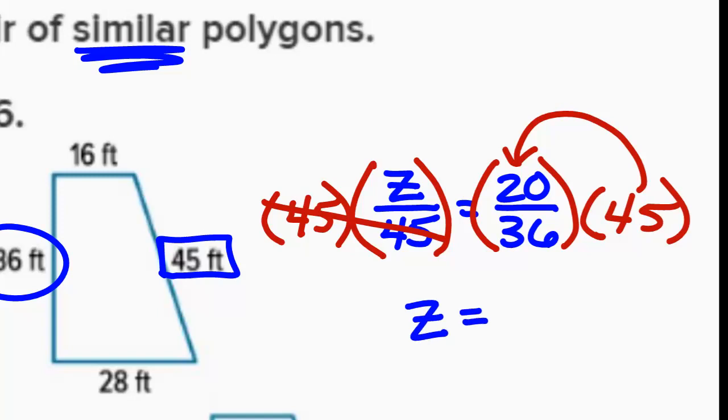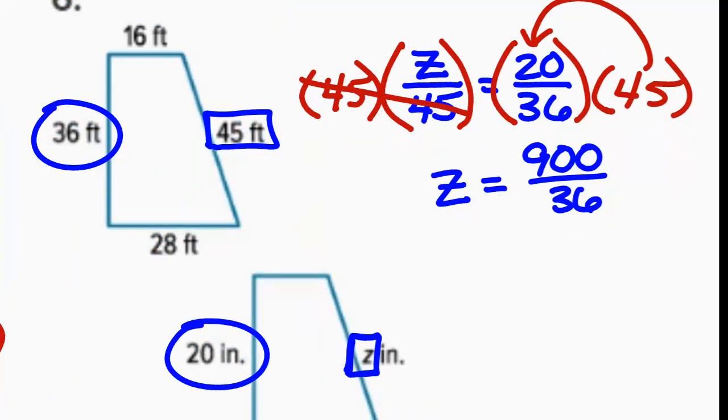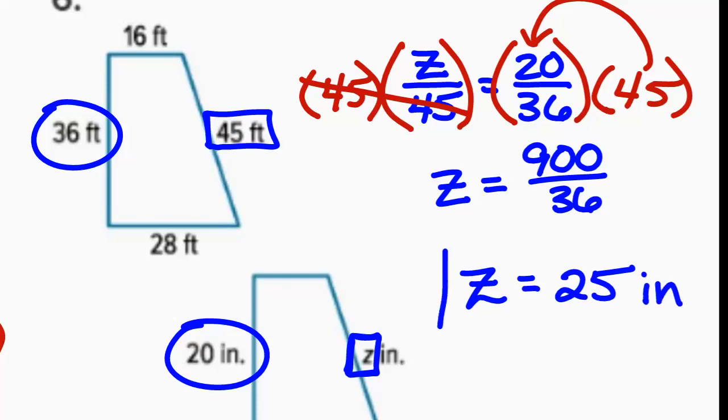So I have z equals, what is 20 times 45? 900. So I have 900 over 36. What is 900 divided by 36? 25. Do we need units with that 25? Did z have units with it? What were those units? Inches. So 25 inches.